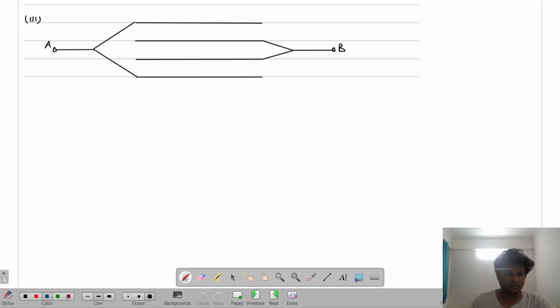Once again, mark the potential. This is V of A. This is B. This is also V of B. This is V of A. C, C, C. Start doing. There are 2 points, A, B. No third point is there, isn't it? So first I'll start with A. First capacitance is done.